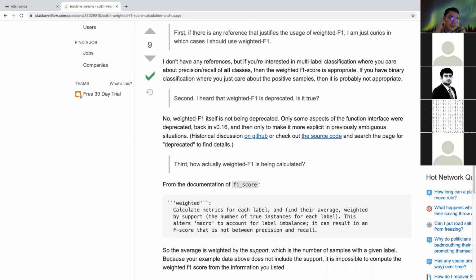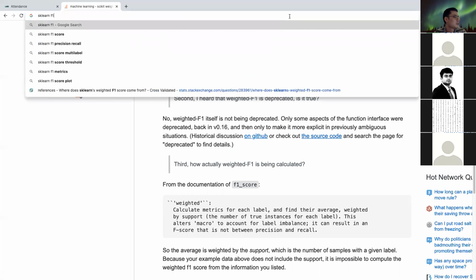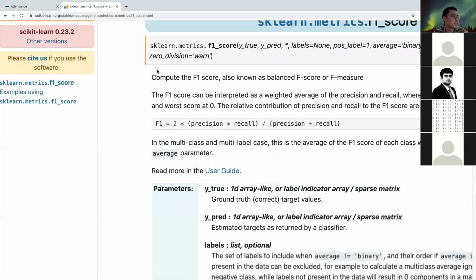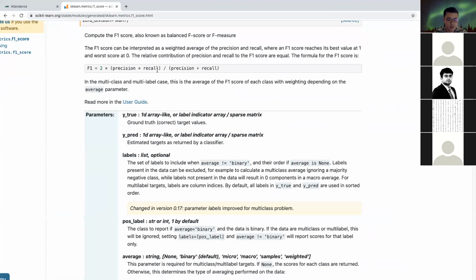You mean the assignment? Yes. For the assignment, you just need the default F1 measure. I think it's a macro. You don't need to have all kinds of F1 measure. Let's see.